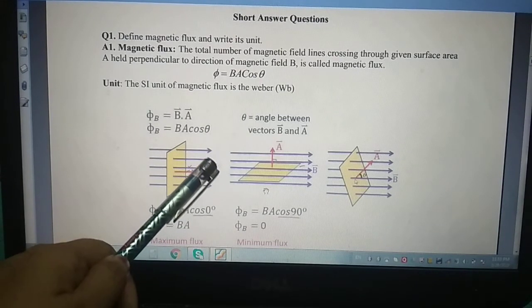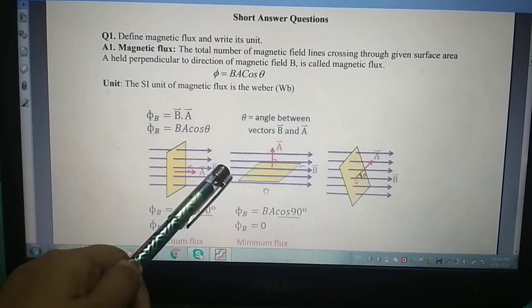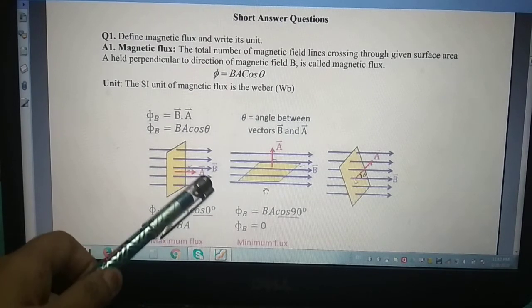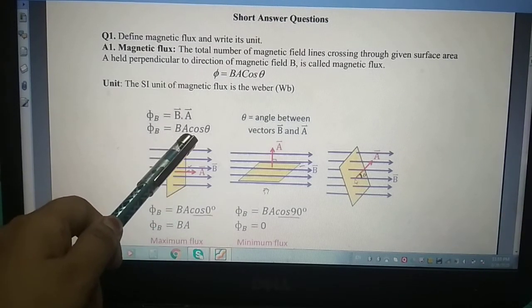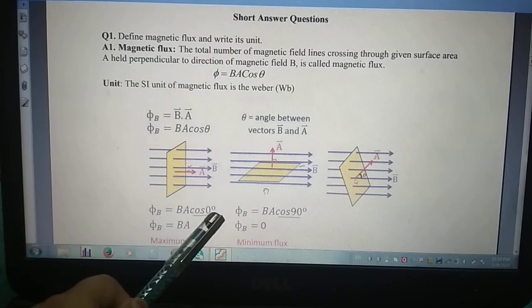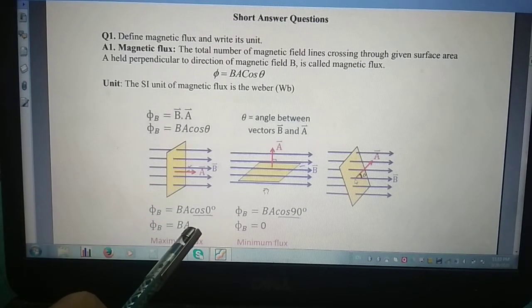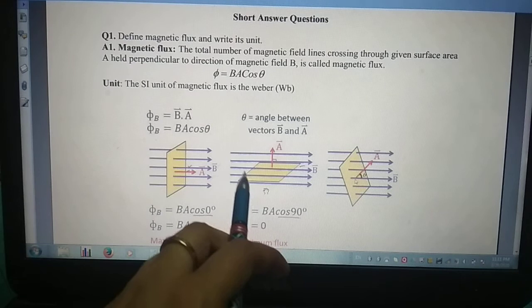So it is very clear that the angle between A and B is 0 degree, and all of us know that cos 0 degree is 1. When we put this value in the formula BA cos theta, the flux is BA. It is the maximum flux which can pass through this area in this direction.